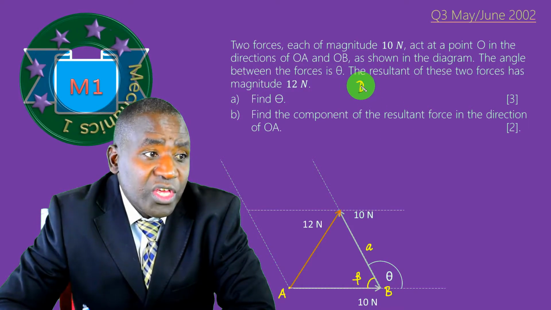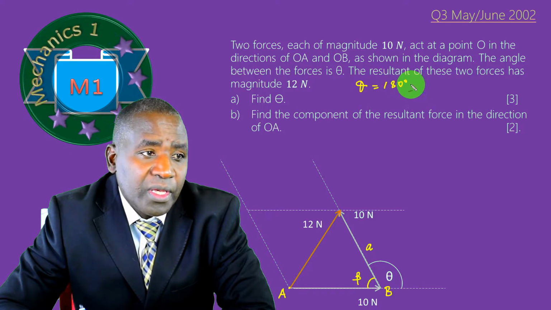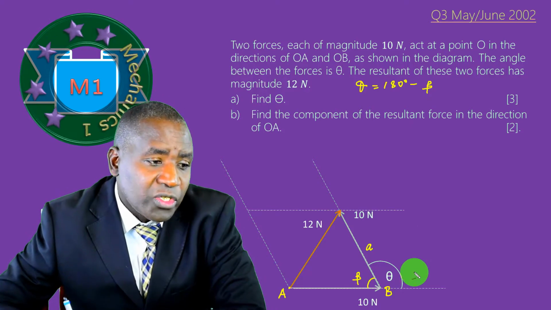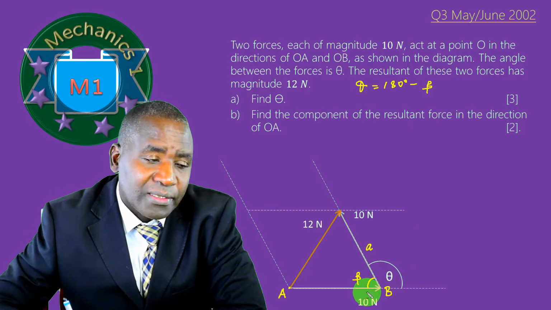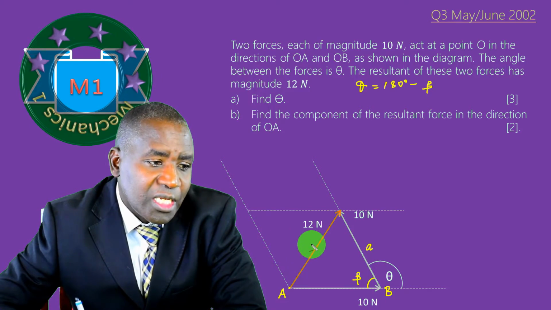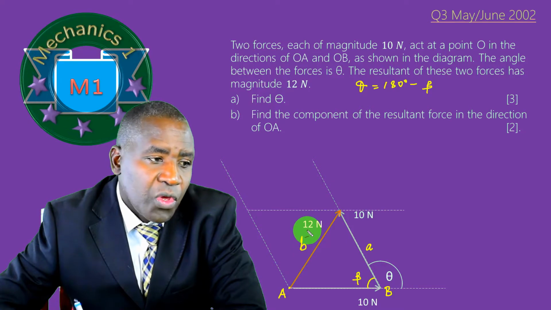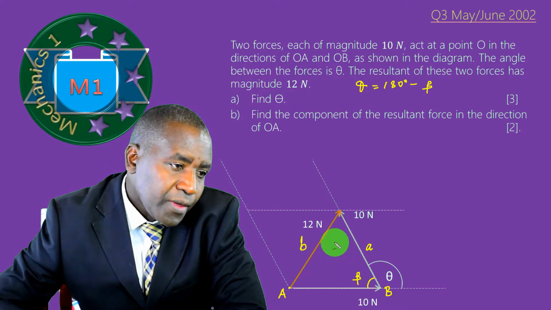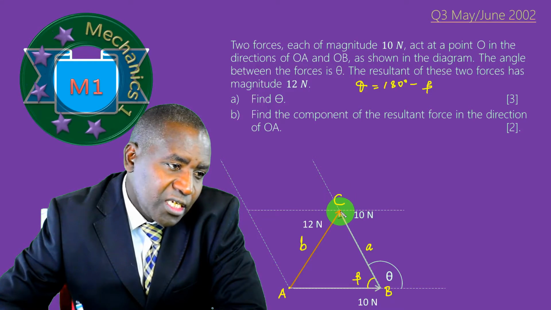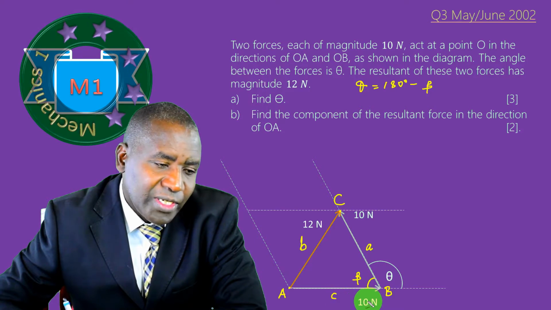In other words, theta can be obtained by subtracting beta from 180 degrees. That is why I want to calculate angle beta. The side which is opposite to it is B, and its value is this. While this point here, the apex is C, this angle is C, and this length is C, and its value is this.